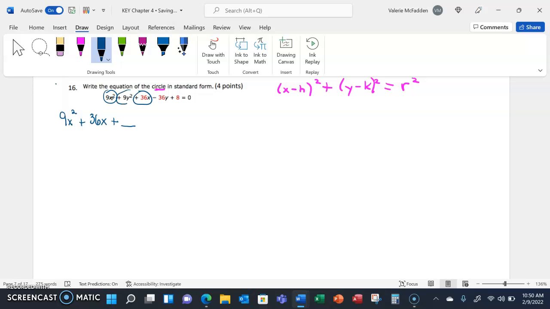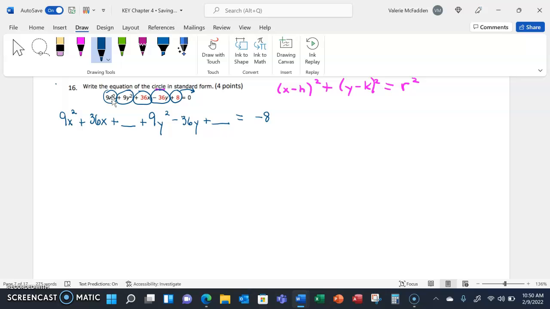Then we'll take our 9y squared, so it's positive 9y squared, and then our y's will go with the y squared, so minus 36y, and I want you to put plus a blank after. Then we put equals, then we're going to move our positive 8 to the other side by subtracting 8.